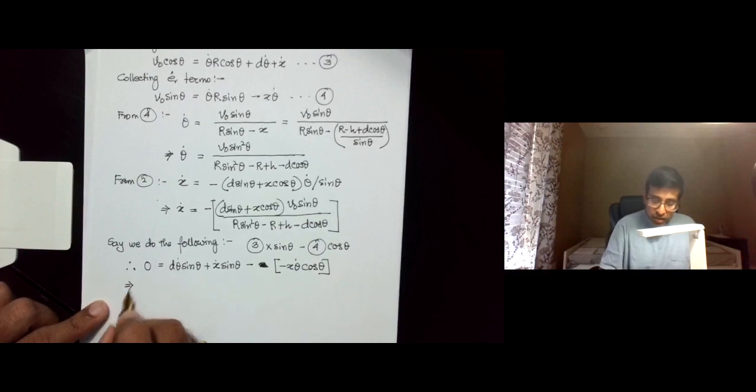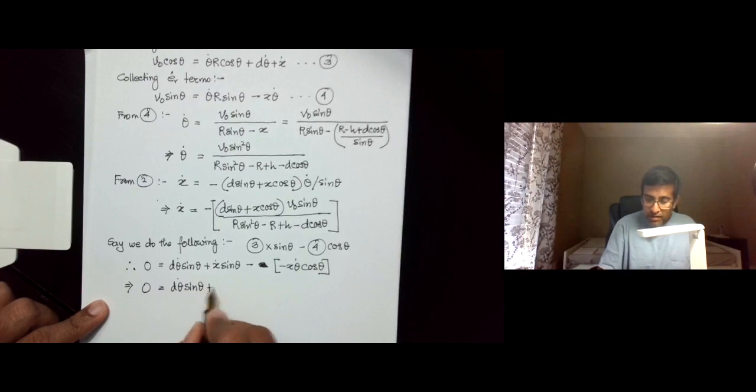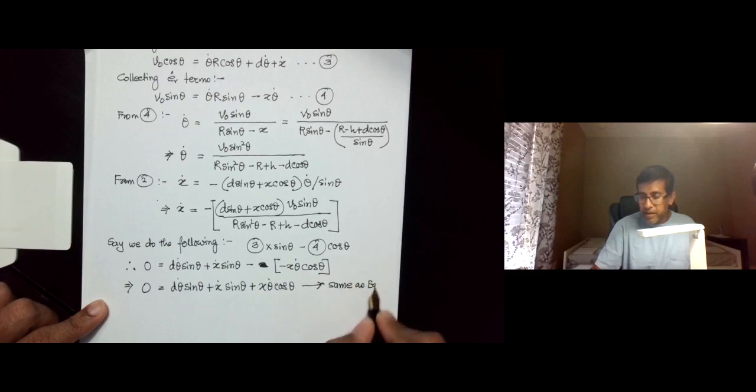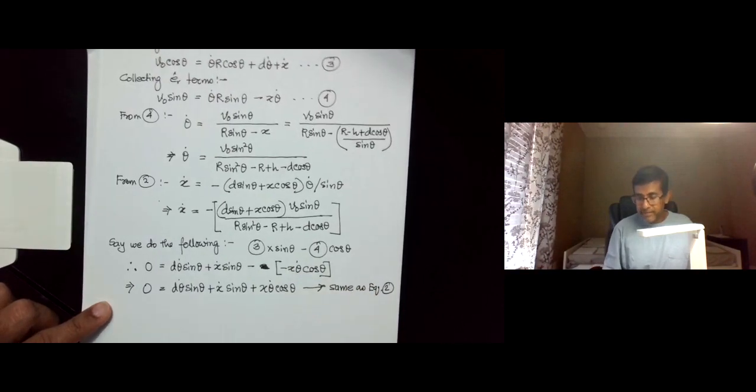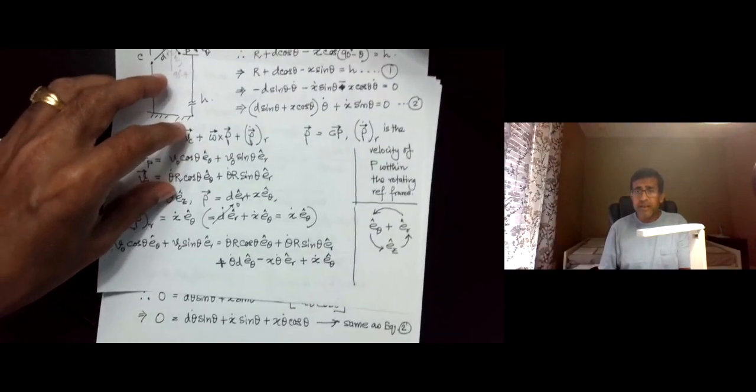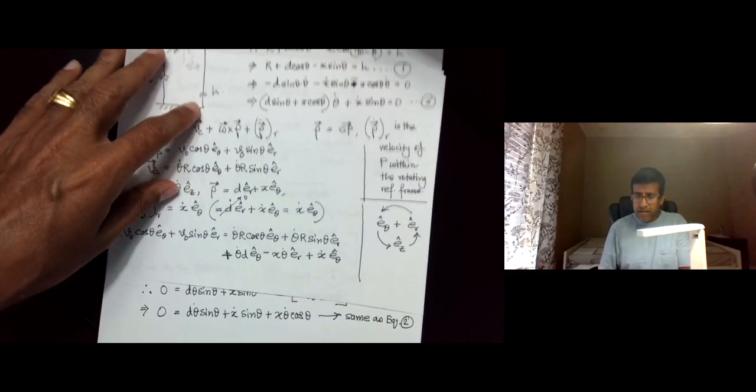Or in other words, you would get 0 is equal to d theta dot sine theta plus x dot sine theta plus x theta dot cosine theta, and you can verify that this is same as equation 2. Okay, so in fact let's put equation 2 here and show that they are indeed the same.